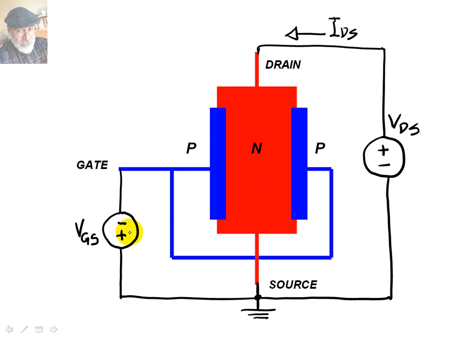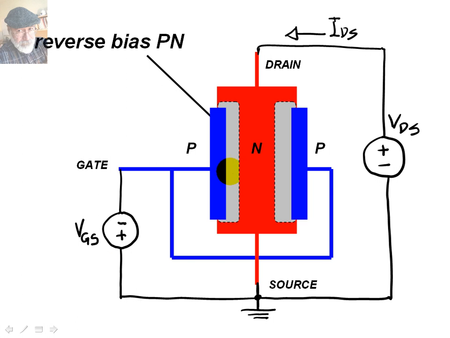When we do that, you know that this PN junction will develop a depletion zone. Reverse bias PN will create a depletion zone. But when we have a depletion zone, the actual effective cross-section area of the channel for current will be reduced. In other words, the resistance of the device between the drain and the source will be higher.